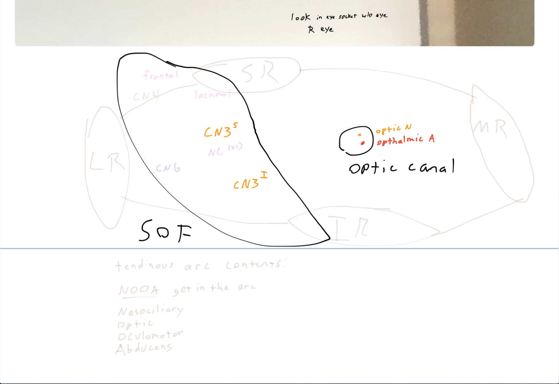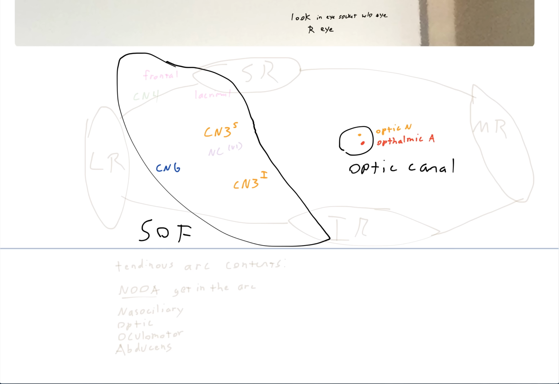And you've got the nasociliary, which is a branch of what? V1. Right. So we've got both divisions of the third nerve, we've got the sixth nerve, and then we've got the nasociliary nerve.